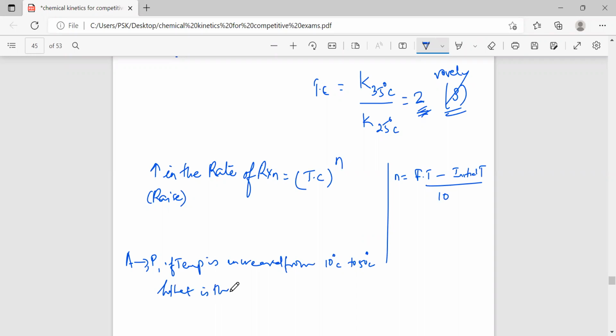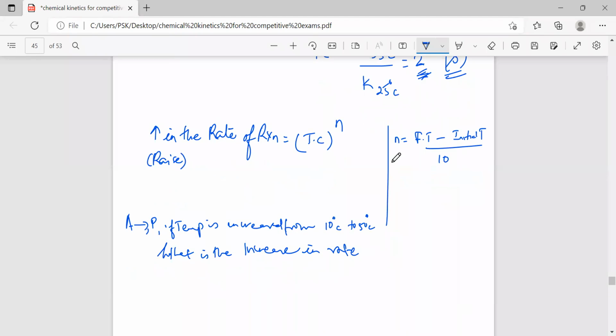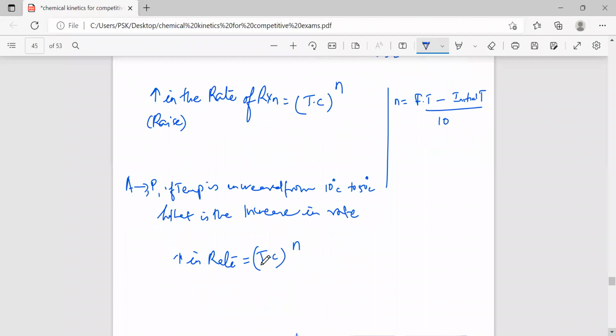They can ask you, what's the increase in rate for a reaction? How do we find this? We know that the increase in the rate is given by the formula temperature coefficient to the power n. Now, in this question, they've not mentioned temperature coefficient, so you should take it as 2. But how do we find n?